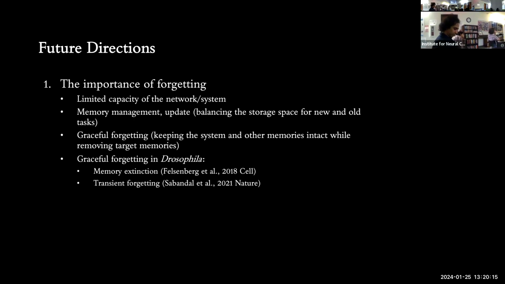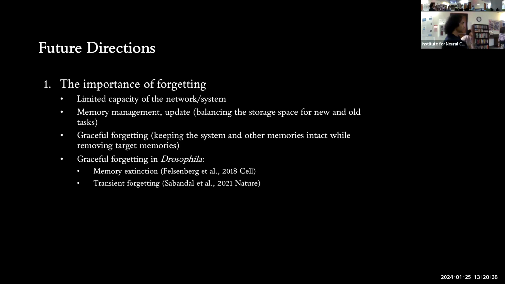And also we need to be able to go back and fix old memories that might have some mistakes. To do this, we need to forget gracefully, which means forgetting while keeping the system and other memories intact.